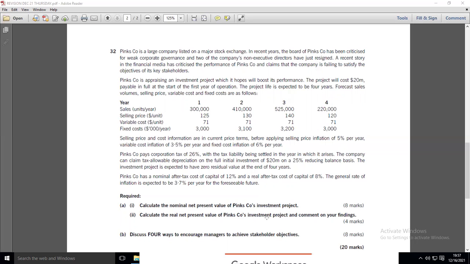Calculate the nominal net present value, calculate the real net present value. Please quickly read through the question.